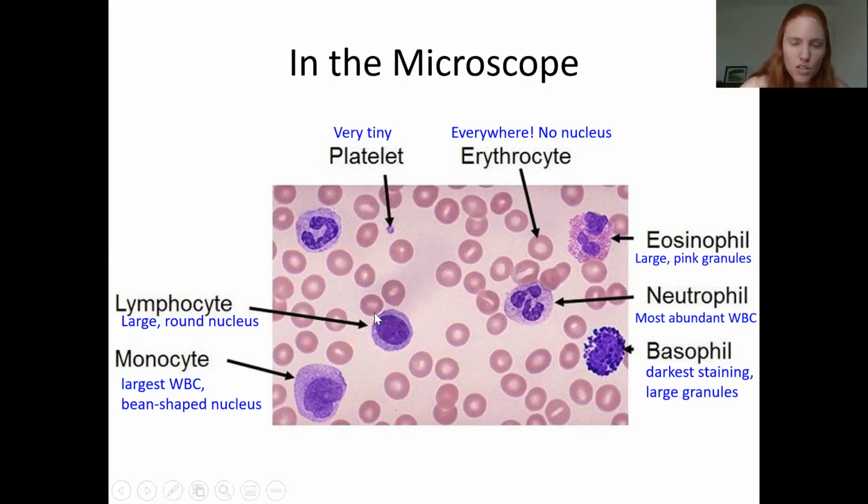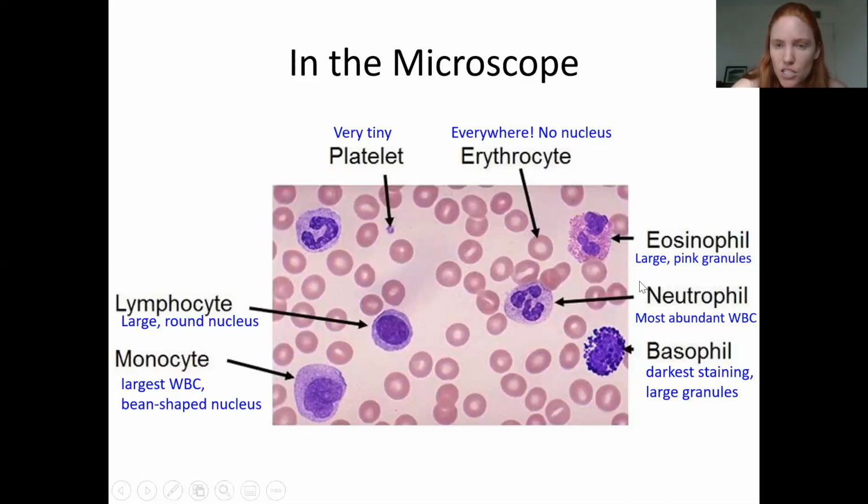It takes up most of the cytoplasm, kind of dead smack in the middle. That's going to be a lymphocyte. And this one, see how it makes a kidney bean shape where it's got that indent right there? That's going to be a monocyte, and it's going to be the largest white blood cell or the largest leukocyte. Leukocyte is the generic term for all of the white blood cells.